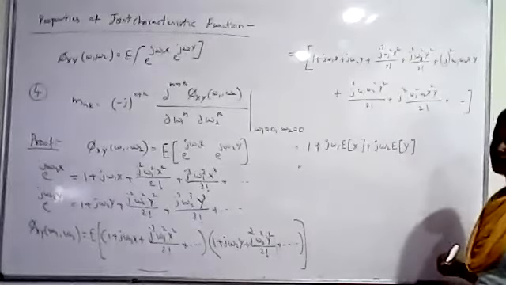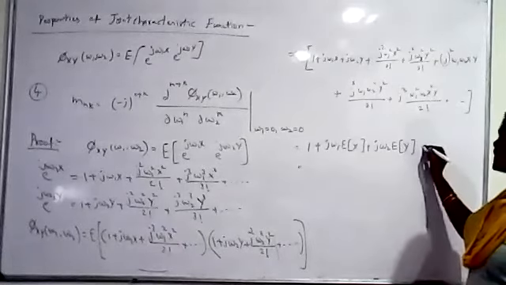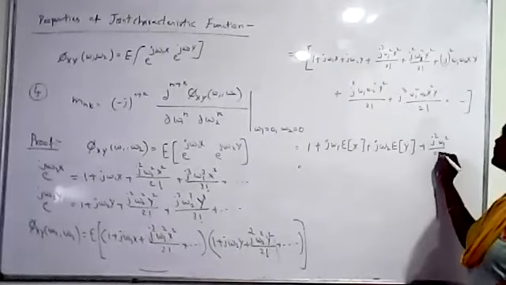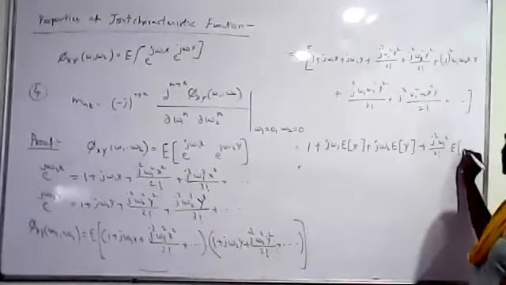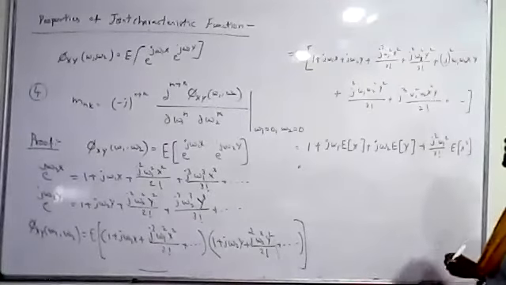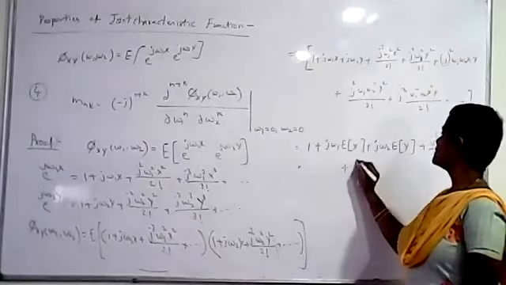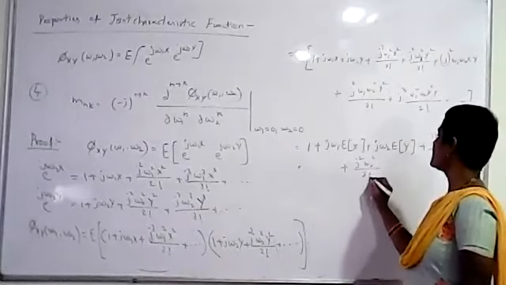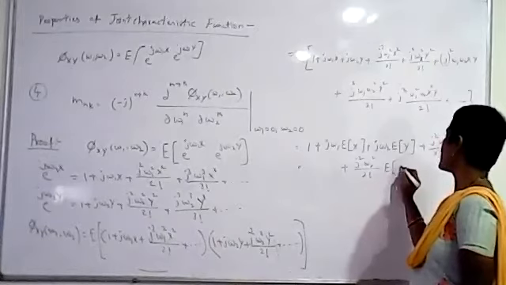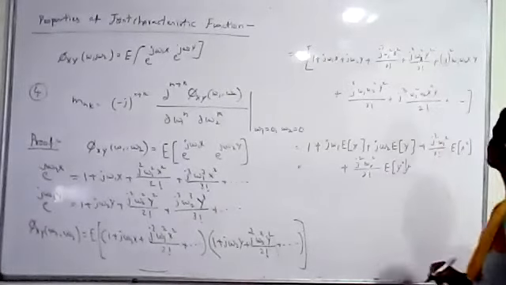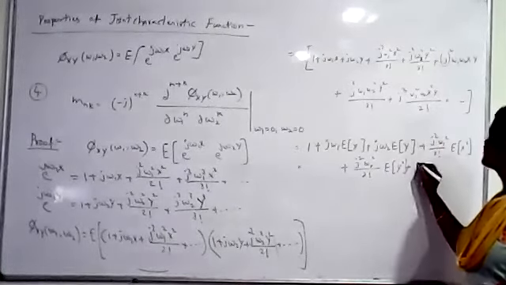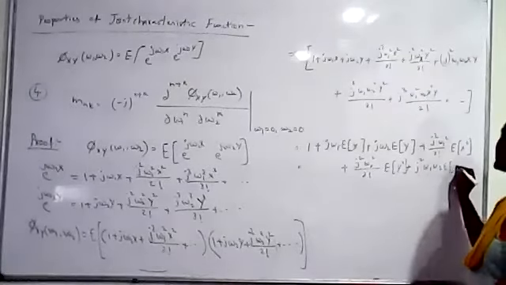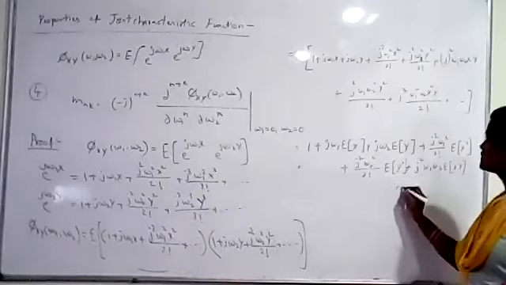We are applying expected value only to the random variable. Similarly, j square omega 1 square by 2 factorial expected value of x square, plus j square omega 2 square by 2 factorial expected value of y square, plus j square omega 1 omega 2 expected value of xy plus so on.